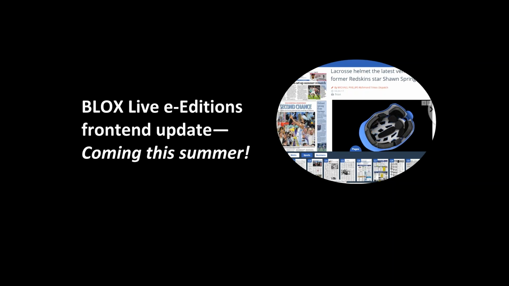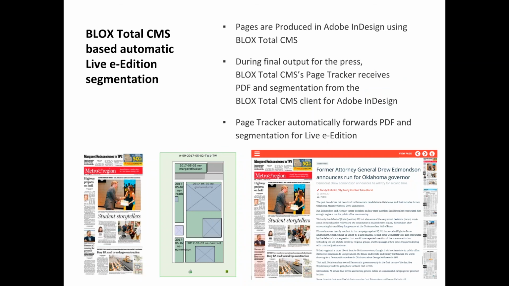So what I'm going to explain is how BLOX Total CMS can make this segmentation process for Live E-editions even easier. I'm sure there are a group of people who are not really familiar with BLOX Total CMS. It is Town News' front-end system, or a print design system, that's based around the BLOX interface.